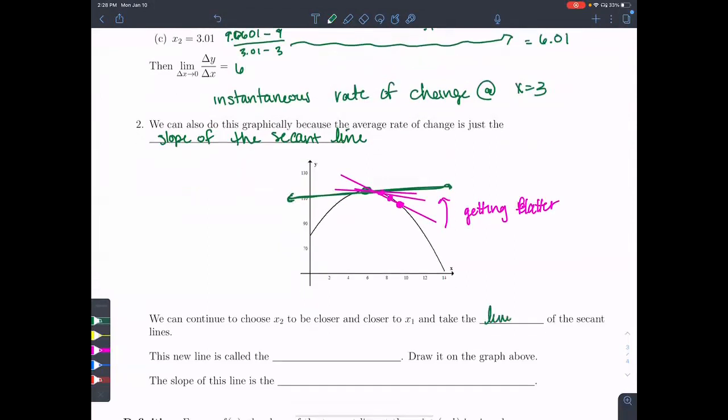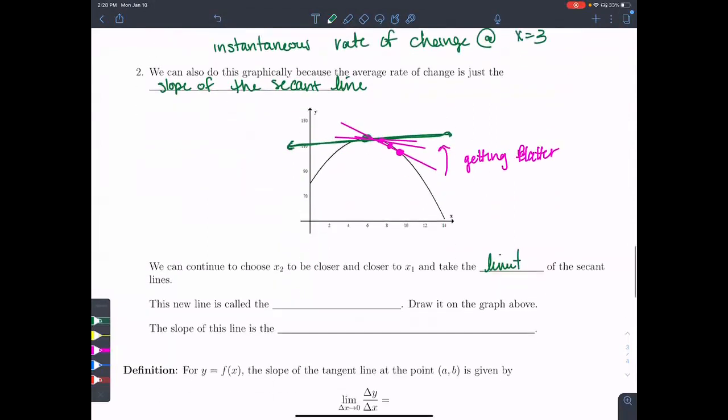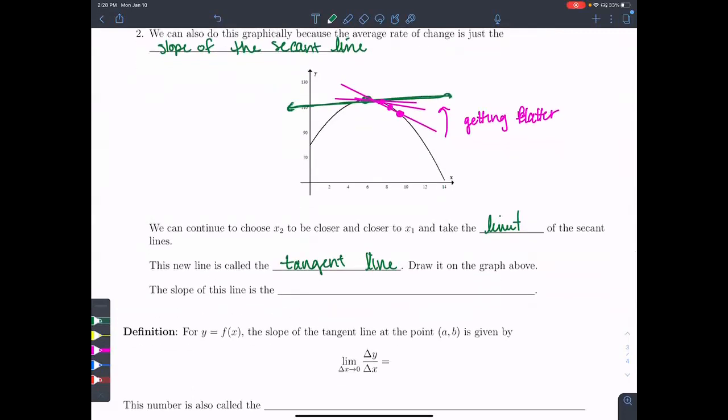the limit of those secant lines, the new line is called the tangent line. The slope of the tangent line is the instantaneous rate of change.